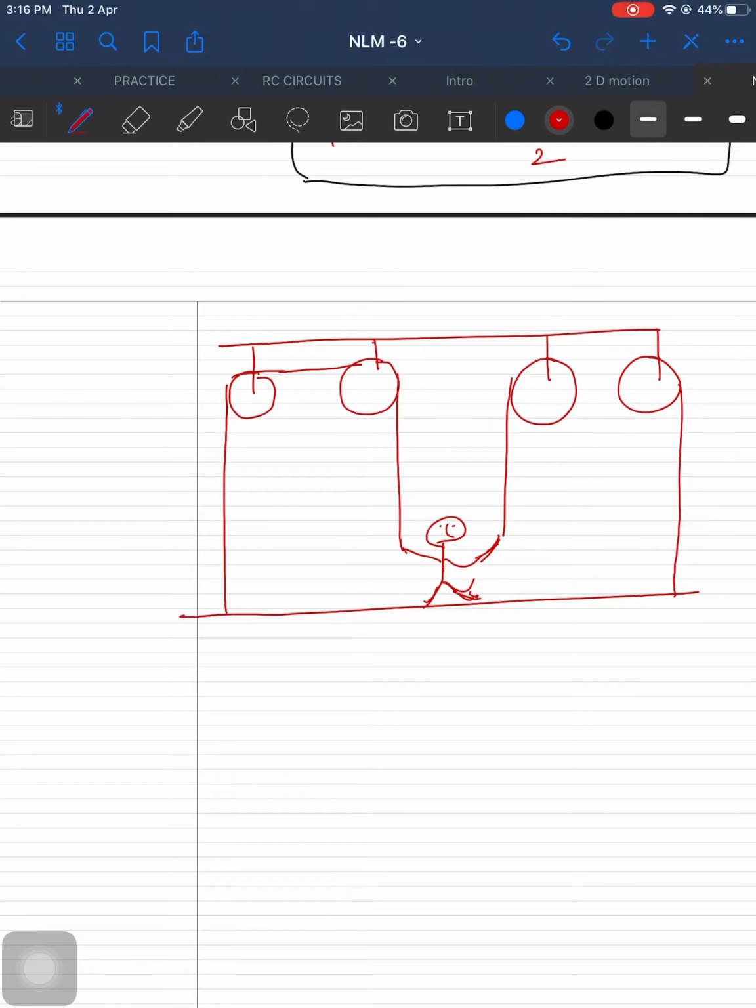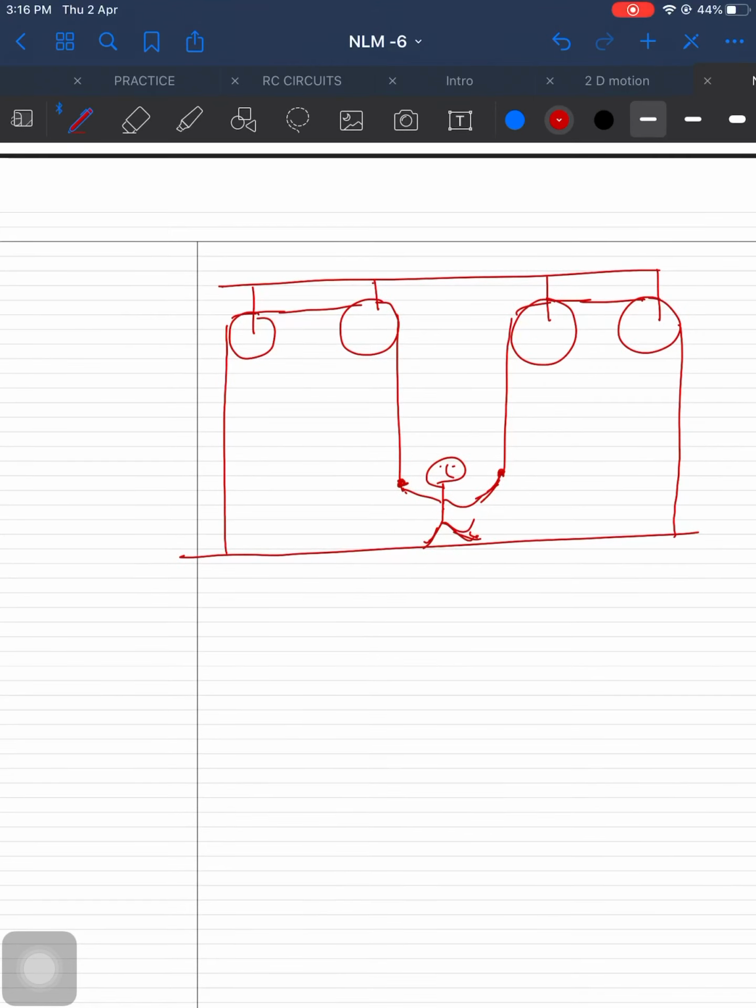This man is in contact with the ground. There is a connection here also. The mass of man is Mm. This is a stage, mass of stage is Mp. The question is, they are moving upward with constant acceleration a.